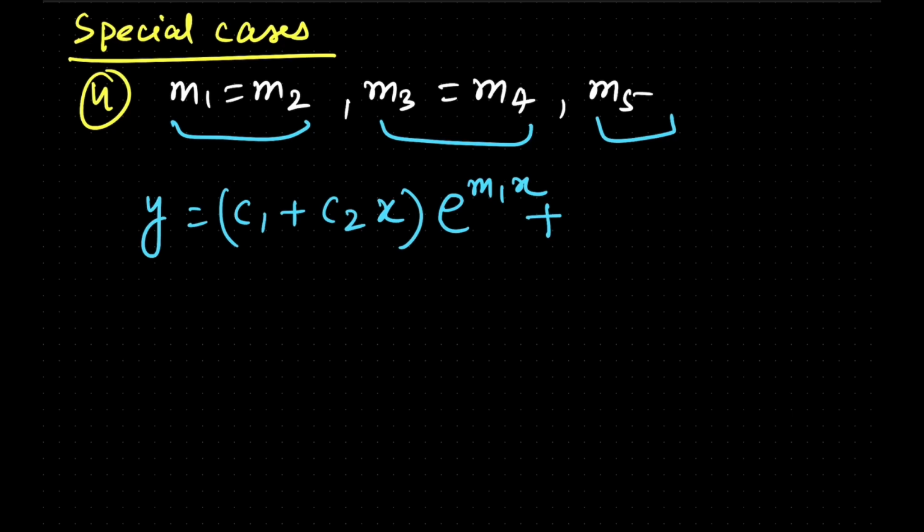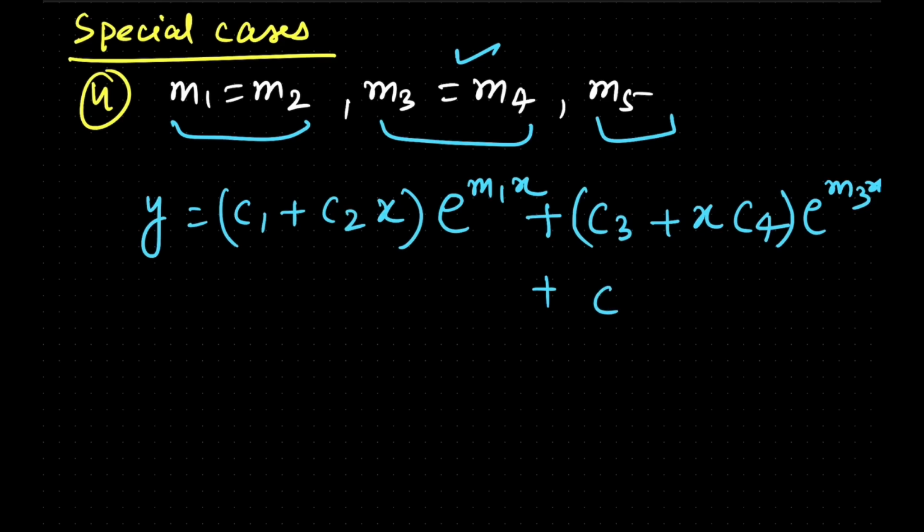Similarly, plus, because these are 2 different roots that are equal, here you will get c3 plus x times c4 into e to the power of m3 x plus c5 e to the power of m5x. So now I hope that you can similarly play with this and get different possibilities, permutations and combinations. Now we will come to questions.